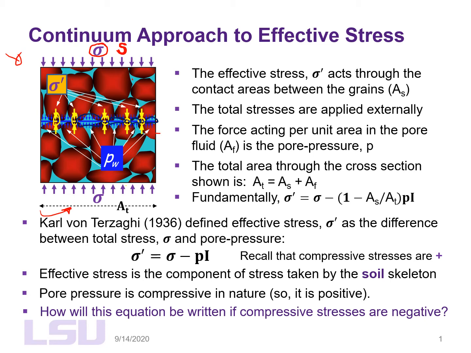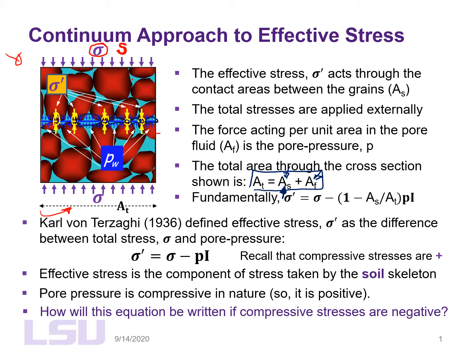So AT is basically the area of the solid grains plus the area of the fluid. Now, the stress that acts through this area across the solid grains is the effective stress.